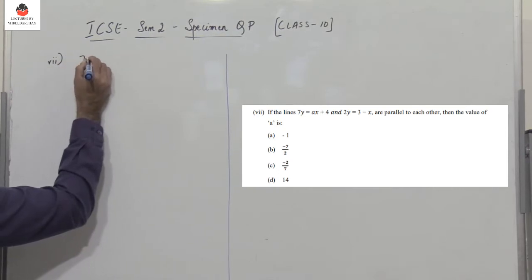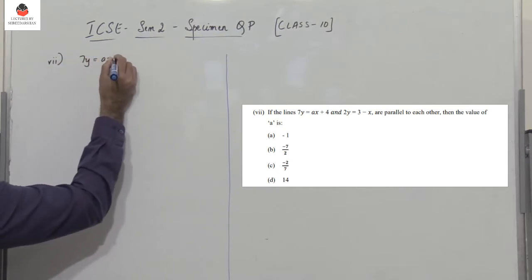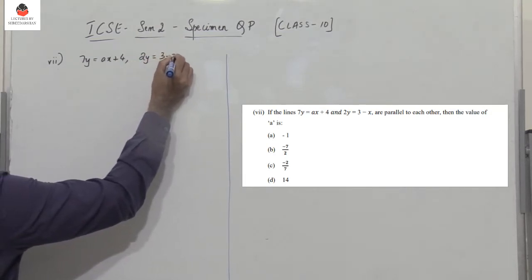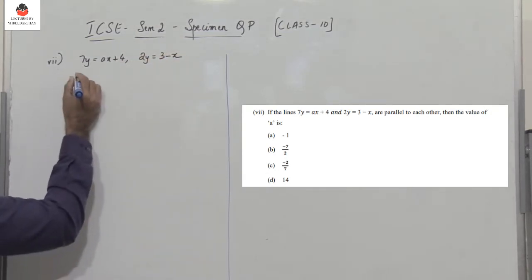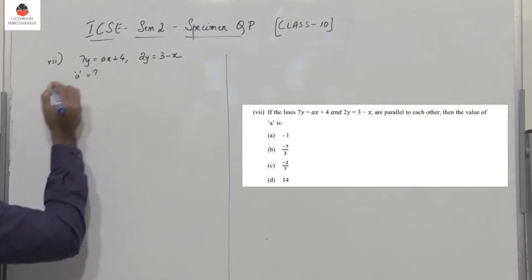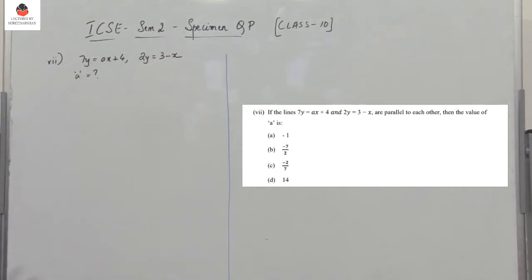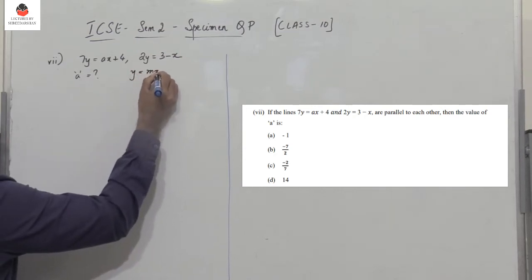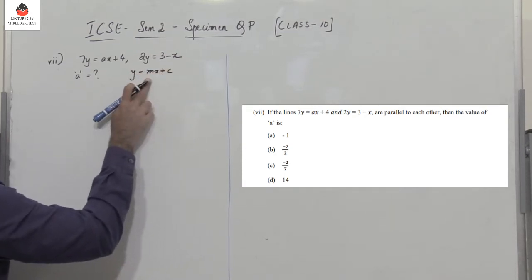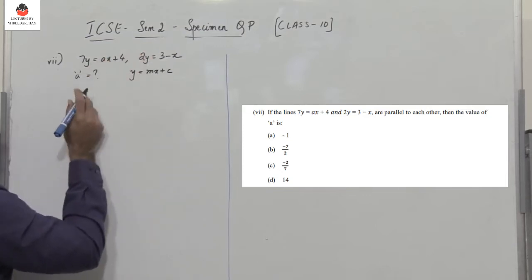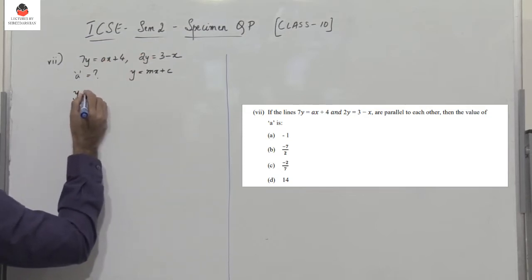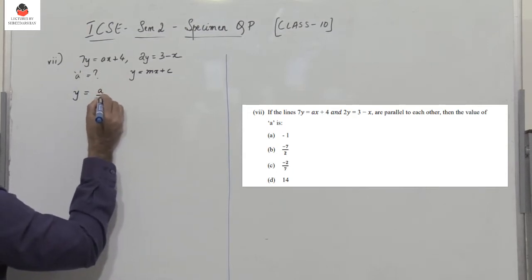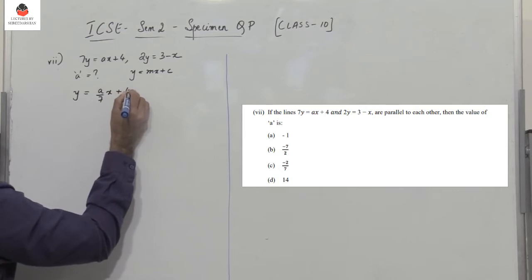The lines 7y equals ax plus 4 and 2y equals 3 minus x are parallel to each other. Then the value of a is. Now if two lines are parallel, then they have the same slope. So y equals mx plus c. So m is the same for both the lines if they are parallel. Now y equals, let me bring 7 to the other side. So you get a by 7 x plus 4 by 7.